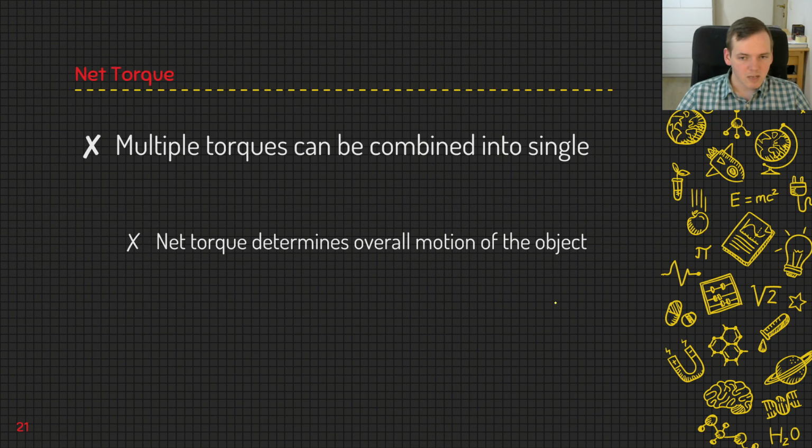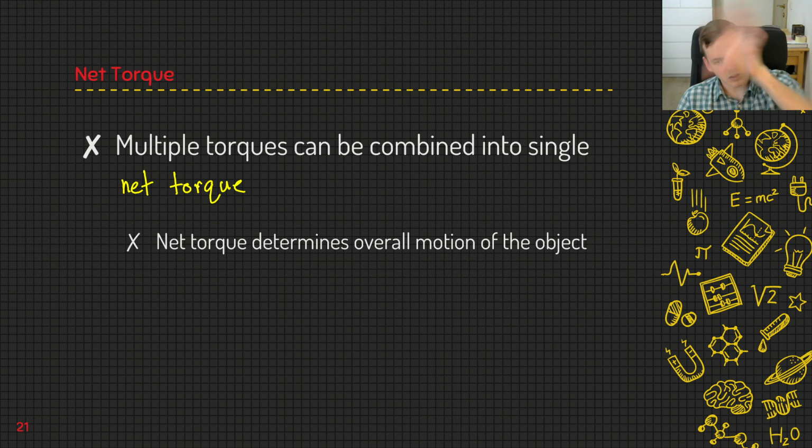Multiple torques can be combined into a single net torque. So if I have a torque that's causing it to spin clockwise, and another one causing it to spin counterclockwise, then we'd subtract or add those accordingly. That's the idea here. So the overall net torque describes whether that object is going to spin and in which direction.